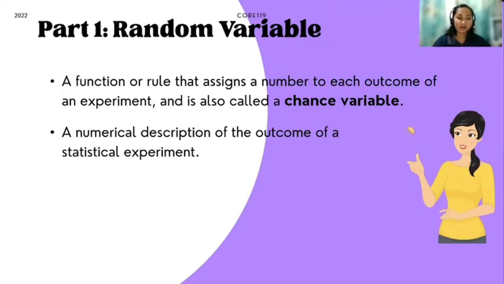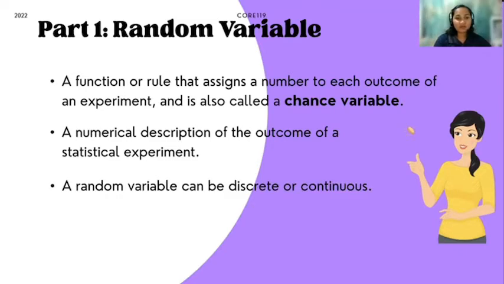If you have a random experiment or statistical experiment, let's say tossing a coin twice, we are going to associate a numerical description to each outcome. For example, the number of heads or the number of tails.